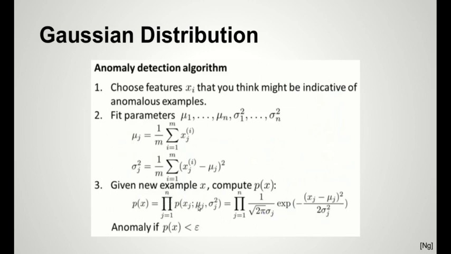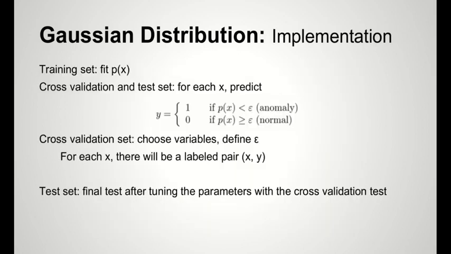After we fit our model, we use the second subset, the cross-validation set, as a source of data to feed to our model. So for each x, we want to predict the outcome, if this given x is an anomaly or is normal data according to epsilon.